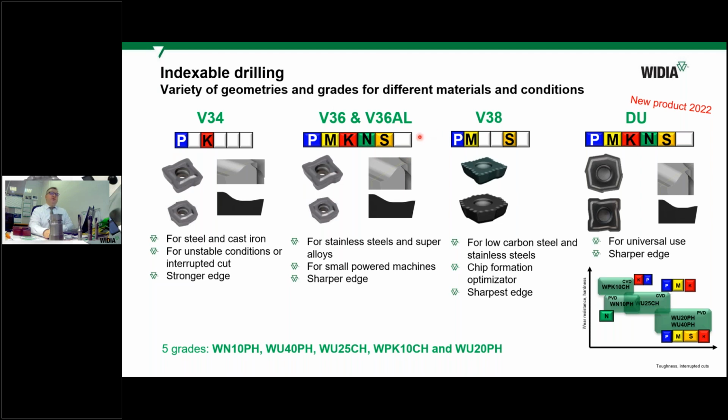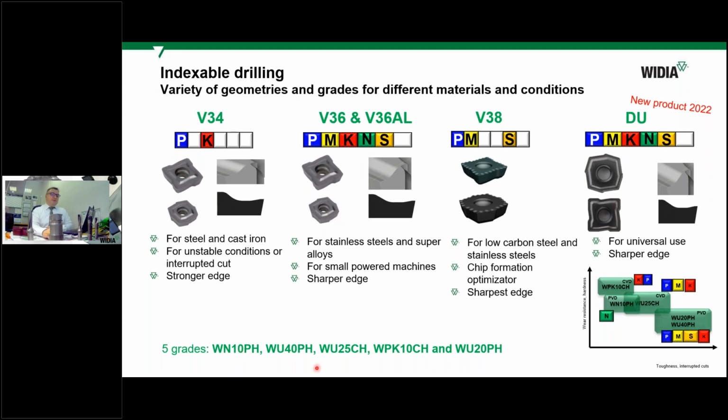V36 for aluminum is even sharper than the usual V36, and we use it for aluminum drilling. V38 is a chip breaking optimizer, the sharpest cutting edge among all of them, and we use this geometry for long chipping materials, very sticky stainless and low carbon steels.